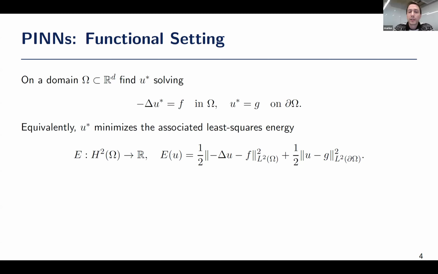Very naively, solving these equations under the right assumptions on the forcing, the domain and the boundary values is equivalent to minimizing a functional E on, in this case, the Sobolev space H2, where you penalize both contributions on the interior from the PDE and the boundary values.